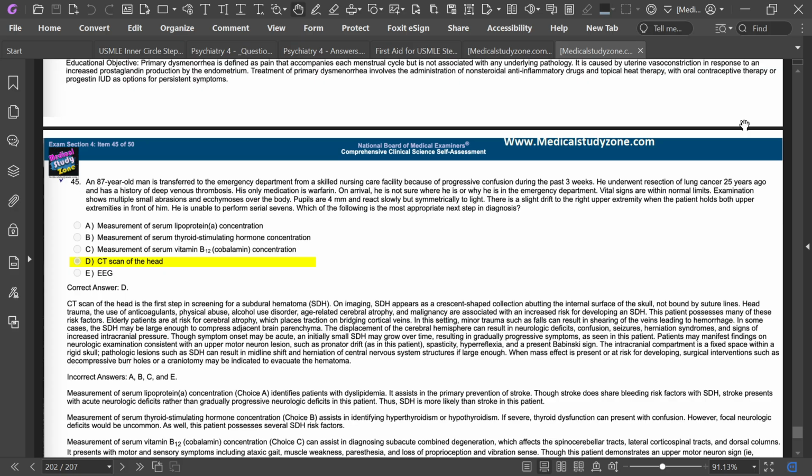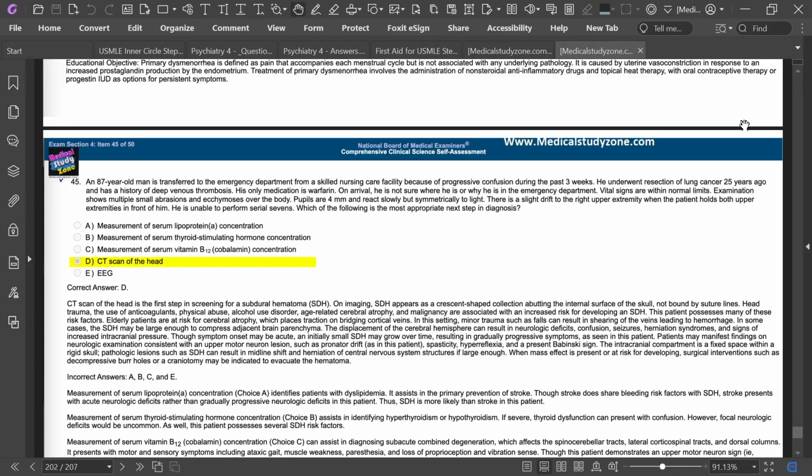Elderly patients are at risk of cerebral atrophy, which places traction on bridging cortical veins. In this setting, minor trauma such as falls can result in shearing of the veins, leading to hemorrhage. In some cases, subdural hematoma may be large enough to compress adjacent brain parenchyma.